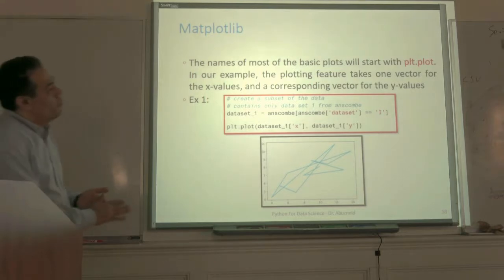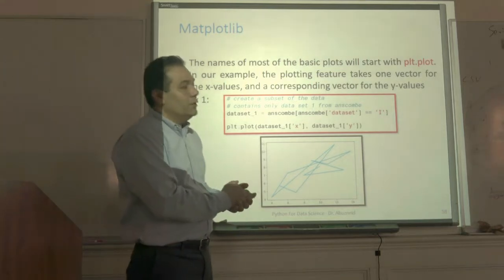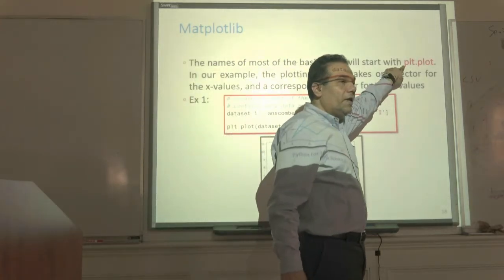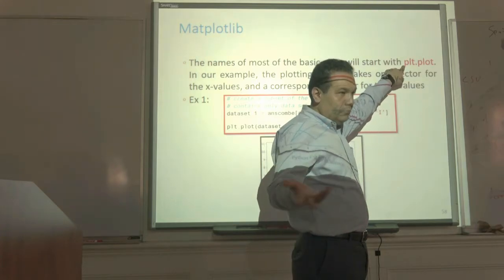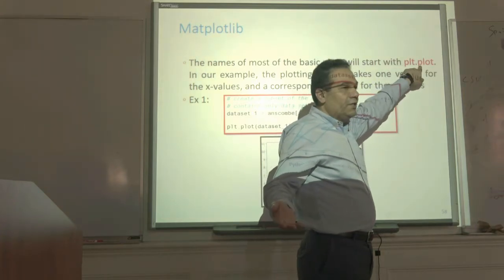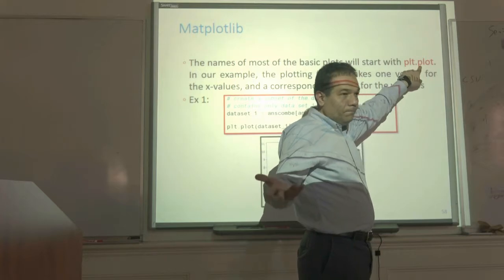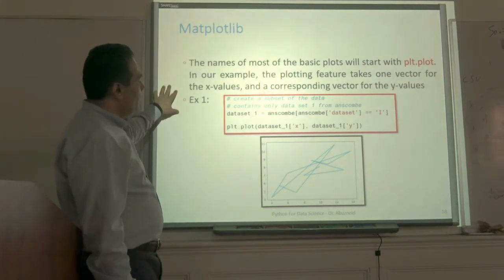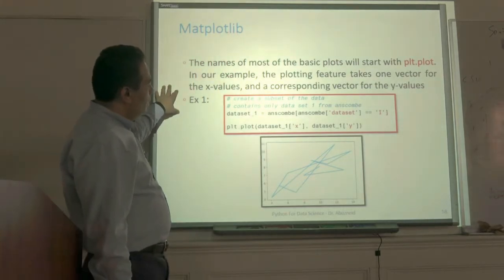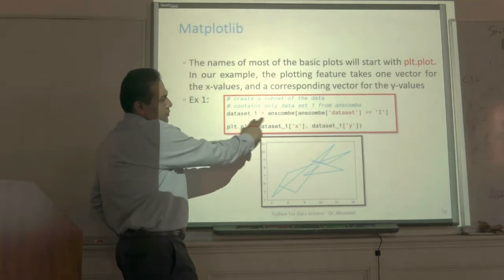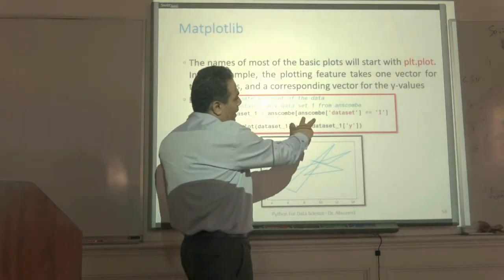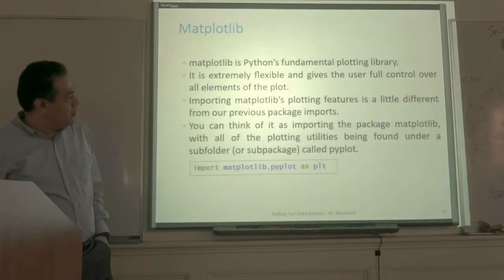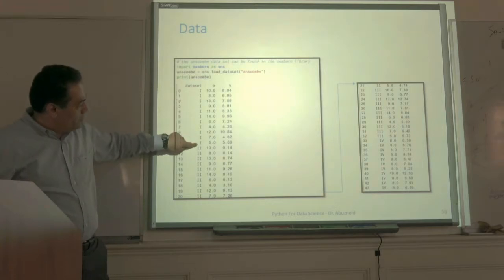The name of the most basic plot is plt.plot. What is plt here? It's the nickname for the module. And plot is what? It's a function, right? So for example, here I have dataset 1 from the Anscombe dataset. I'm trying to pick only these ones.